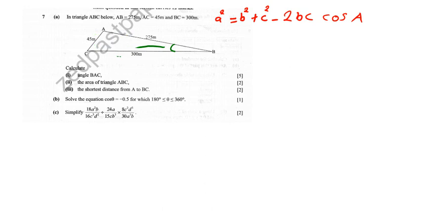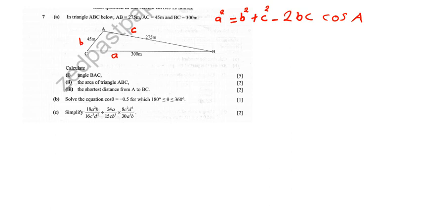So let me just write them well. So we have our small a here, and the small b, and the small c.